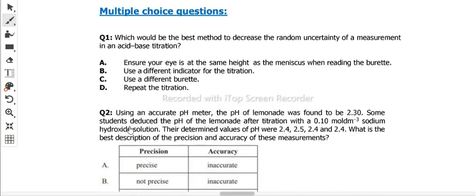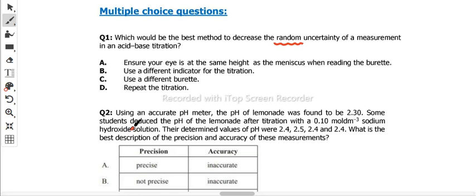Inside this question, which could be the best method to decrease the random uncertainty of a measurement in an acid and base titration? Here the question is asking me about reducing a type of error, which is the random error. Here you need to refer back to our lesson about measurement and uncertainty.